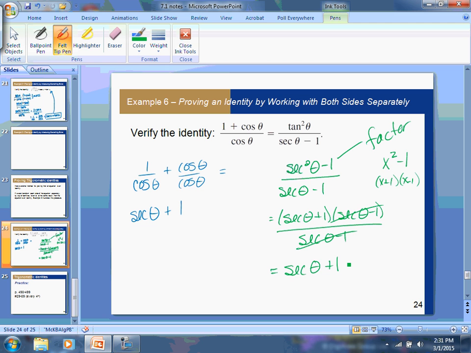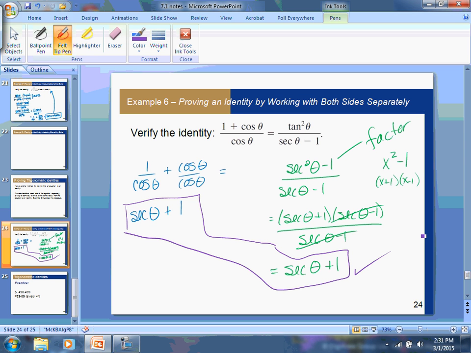So again, I'm kind of stuck, but I have gotten to a point where the left-hand side and the right-hand side here are equal to each other. So there we go. I'm done. I have verified my identity because I got the left-hand side to equal the right-hand side.